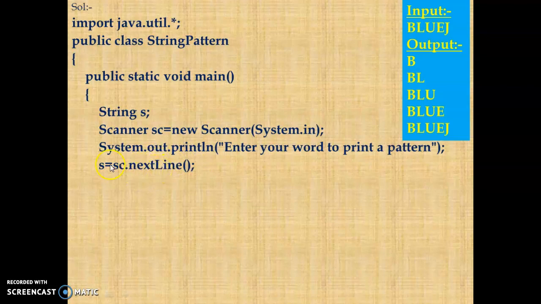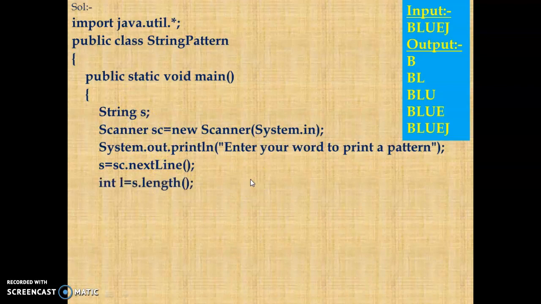For taking a float, we write sc.nextFloat, F in capital. For double, we write sc.nextDouble. And for string, we write sc.nextLine. Don't write next string, write nextLine. Okay, this is how to take string input from the user.